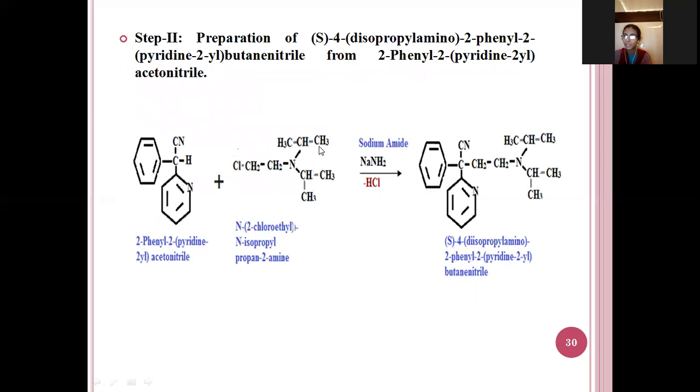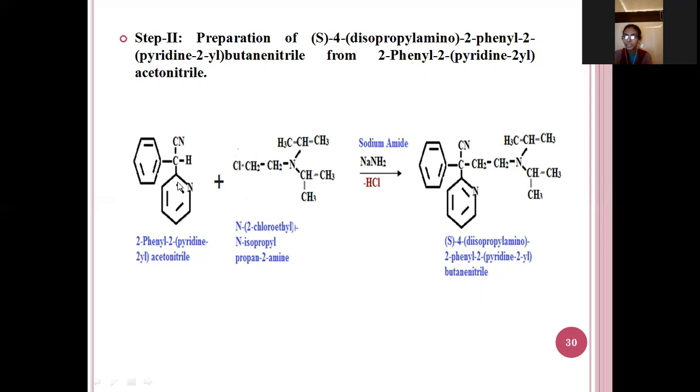The second step: 2-phenyl 2-pyridine 2-yl acetonitrile is reacted with N-2-chloroethyl isopropyl propane 2-amine in presence of sodium amide. So the hydrochloric acid is eliminated.